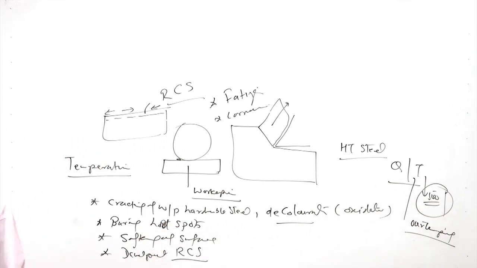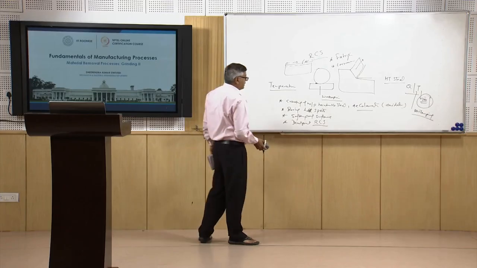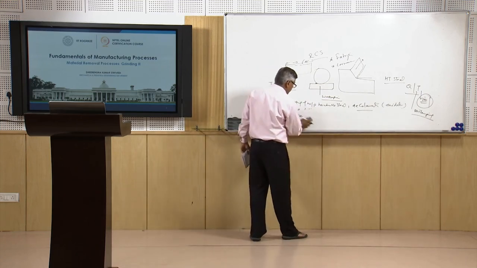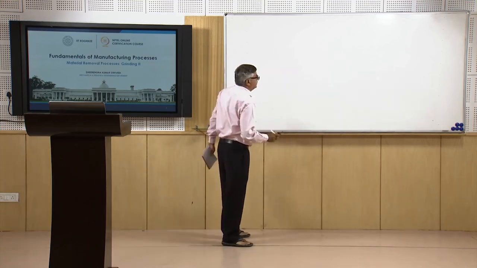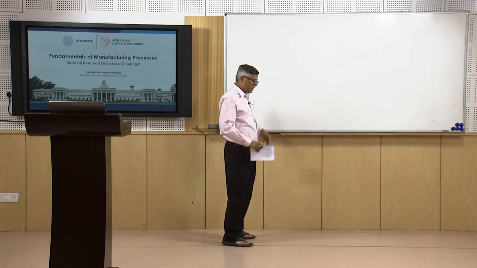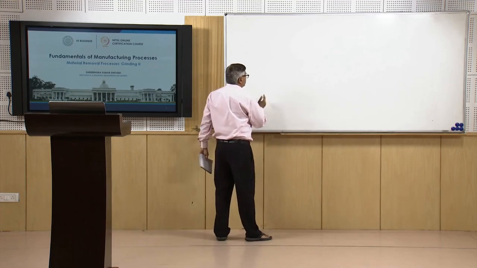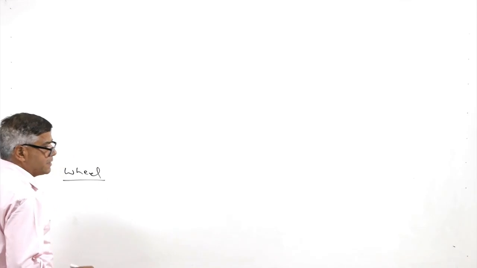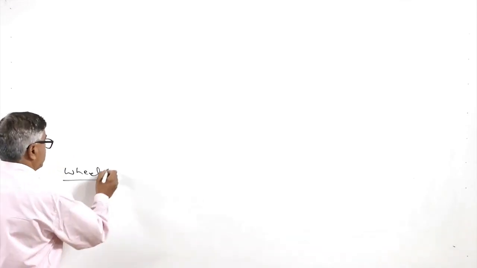So one favorable effect is observed with regard to the development of the residual compressive stresses. And so that was the effect of the temperature rise on the workpiece. Similar to that, the grinding wheel is also affected by the temperature rise as well as the forces.